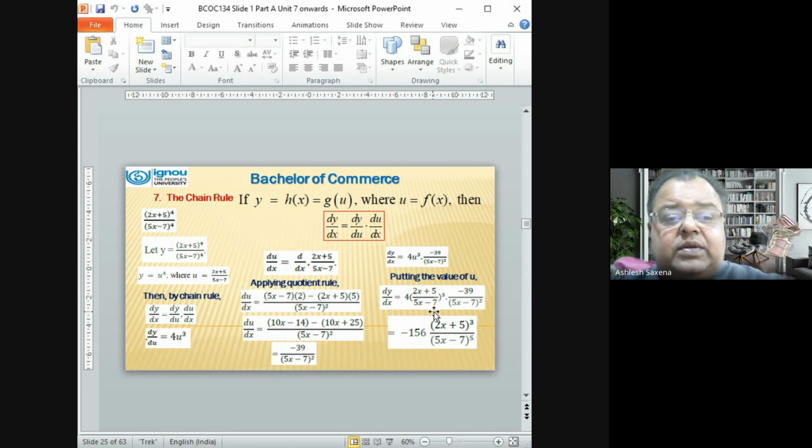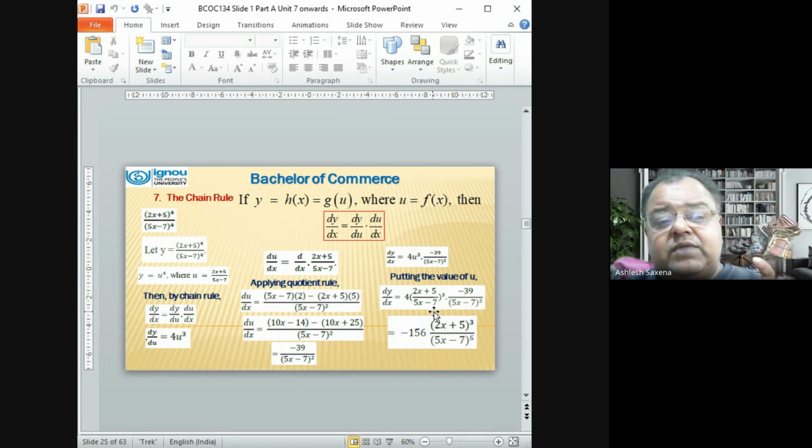This is what is known as the chain rule. Depending upon the nature of the problem, we can change the functions, and when we are changing the functions, then we have to apply the chain rule.